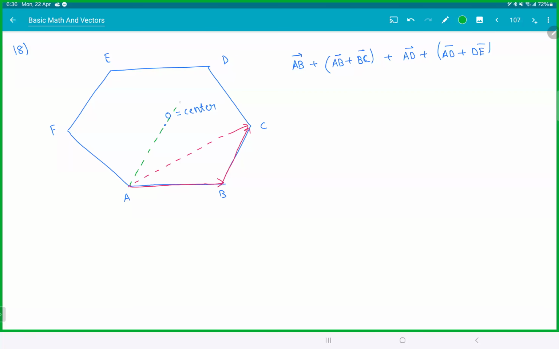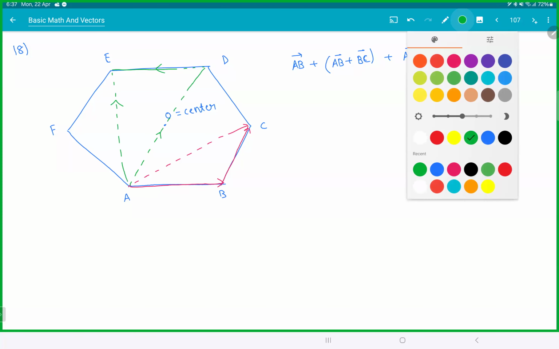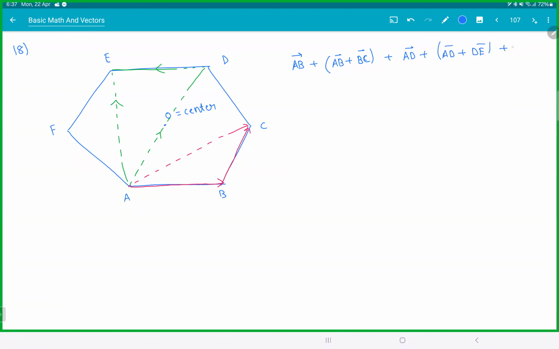Meaning from here to here and here to here. You can write it as from A to E like this. And you can write AF bar. Now look at here clearly. You can clearly see AB bar and DE bar are opposite to each other, meaning they will cancel.